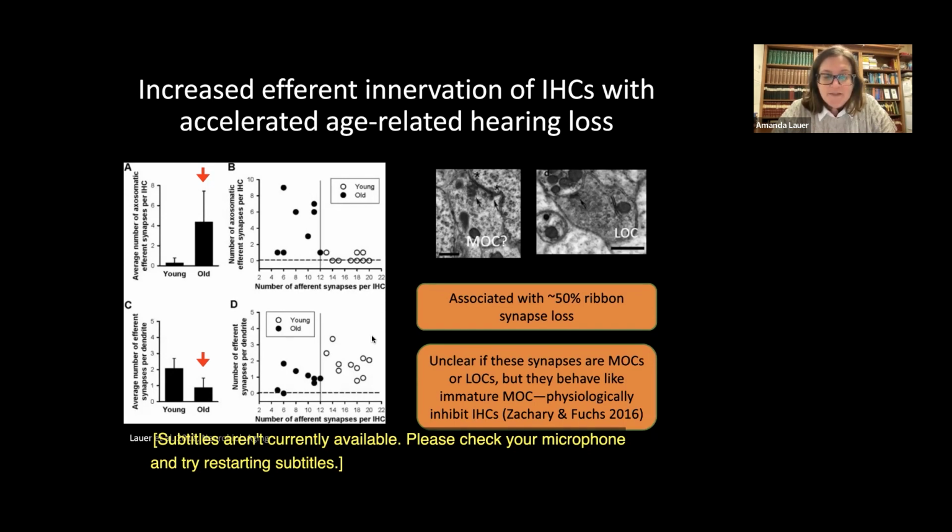So this could be good because it may be protecting against further ribbon synapse damage, further damage to the inner hair cell from lots of activity, but it's going to suppress the auditory nerve response to a sound, which means that's going to exacerbate the hearing loss further.